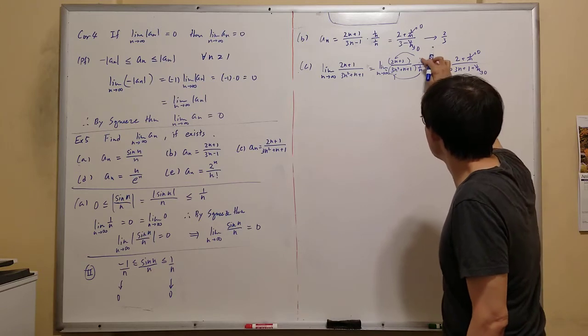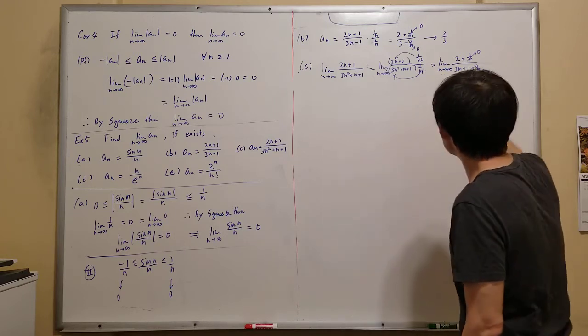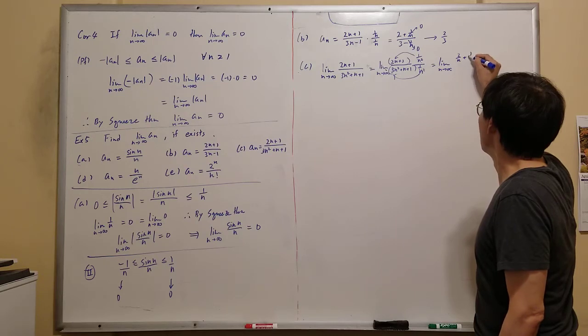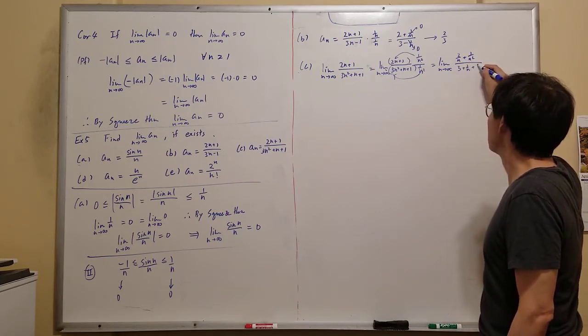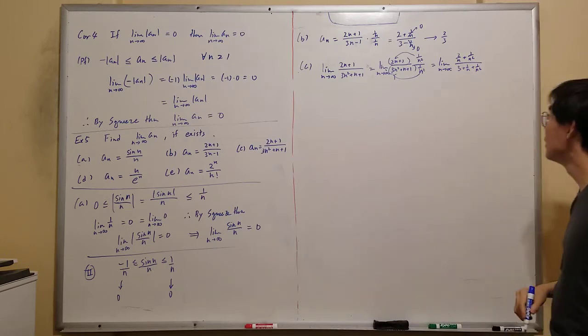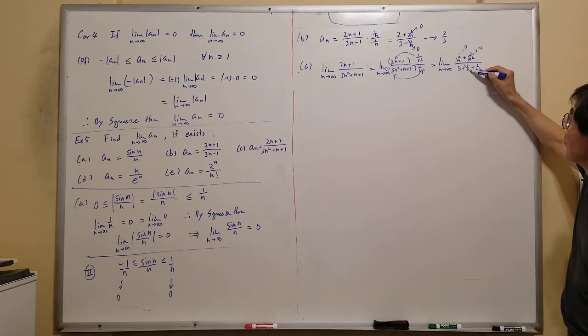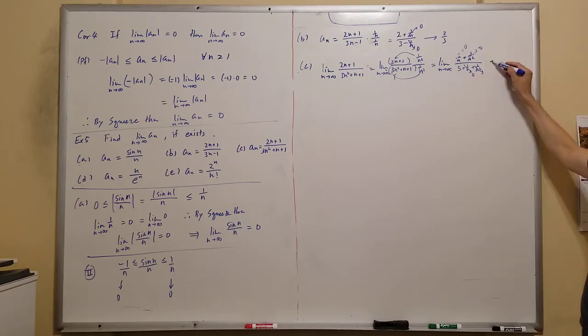We have to divide by the highest power of the denominator, n squared. Sorry about that. Then you get 2 over n plus 1 over n squared, over 3 plus 1 over n plus 1 over n squared. This one approaches 0, approaches 0, approaches 0, so it's almost 0 over almost 3.